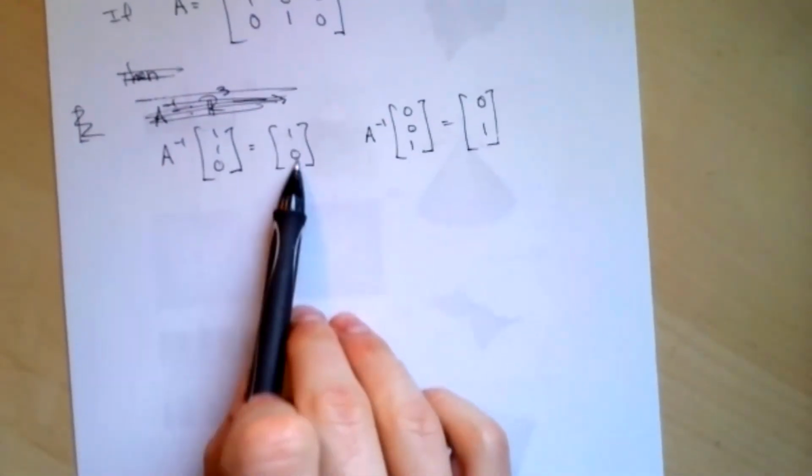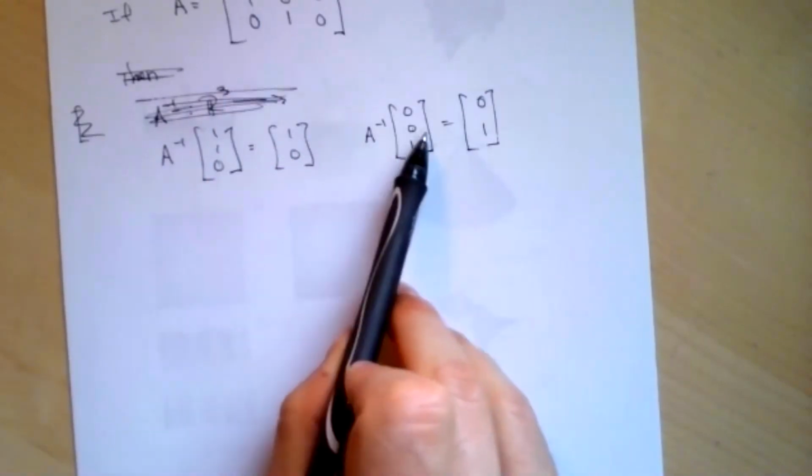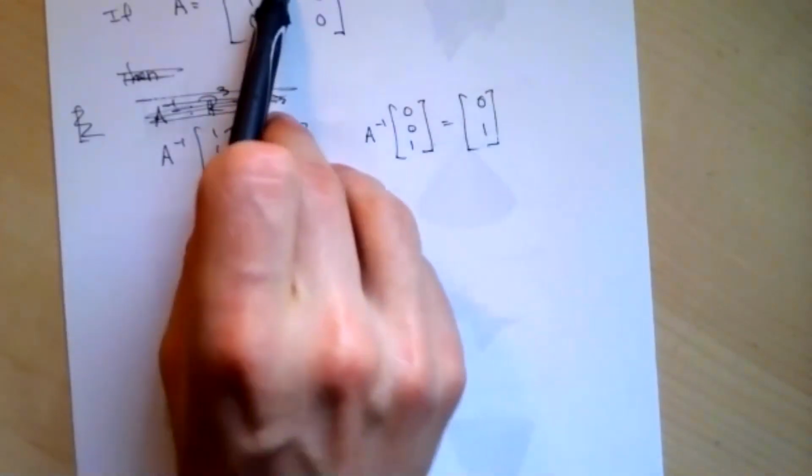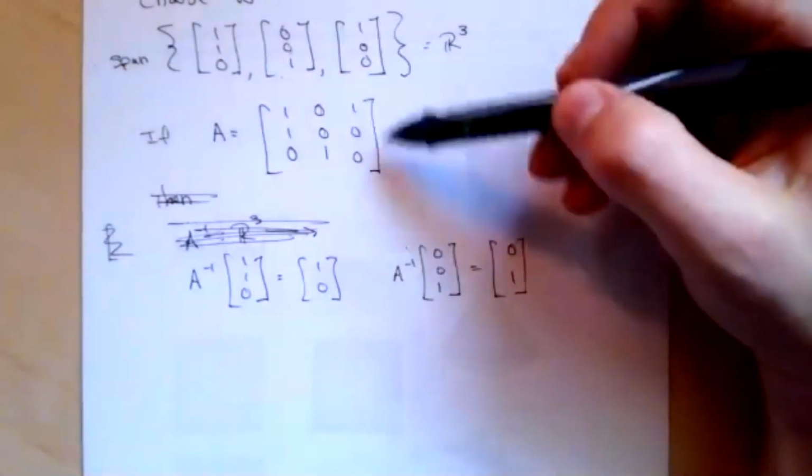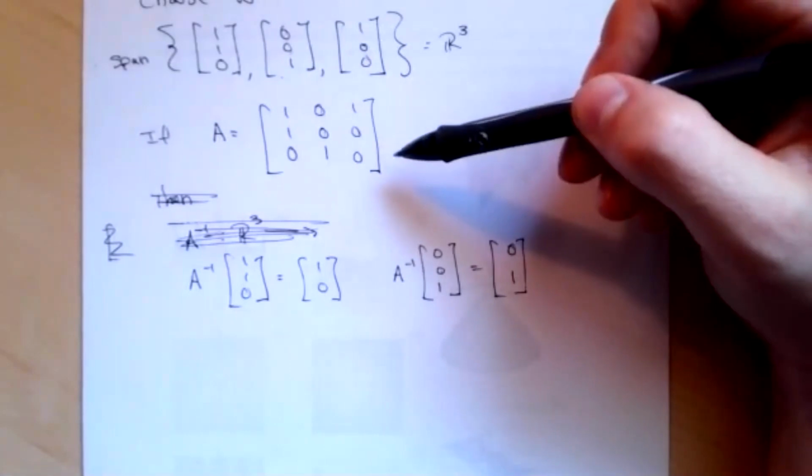This is simply because of the fact that we know that A acting on 1, 0 should give us the first column. A acting on 0, 1 gave us the second column. The third column we kind of just threw in there, though.